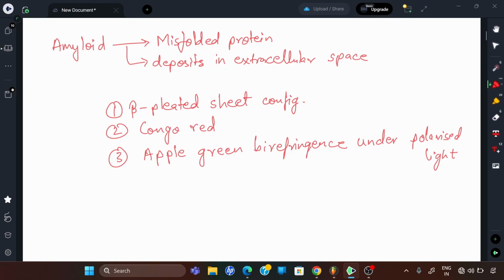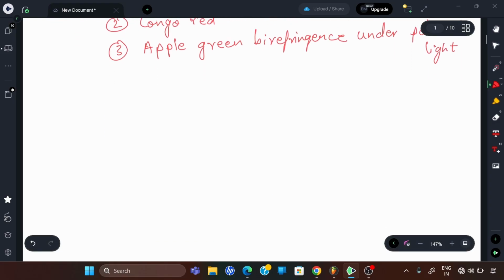Now we will be moving to the classification of amyloidosis. So the classification is quite simple. Amyloidosis can be either localized or systemic, right?